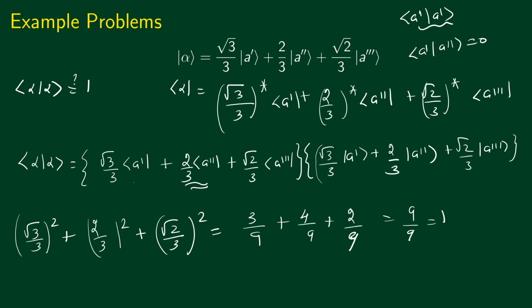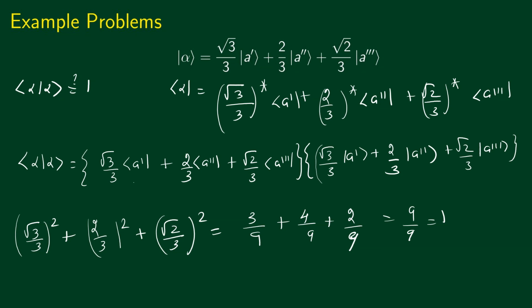Now, if you look here, we didn't have to do all these steps. We have written the multiplication here and done every term, but we don't have to do that if the basis is orthonormal.